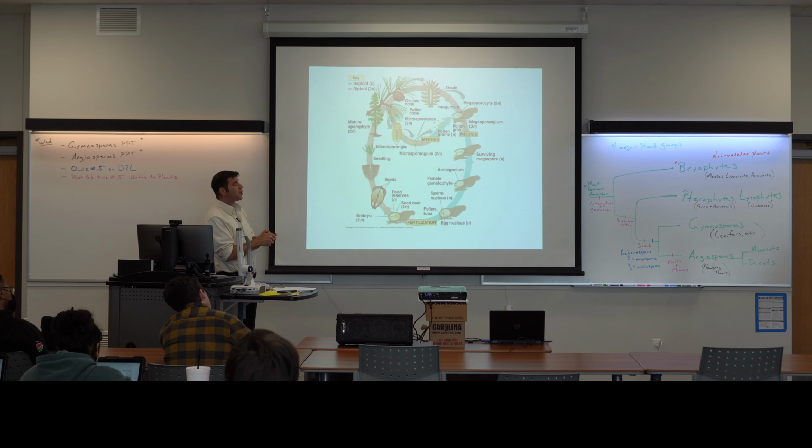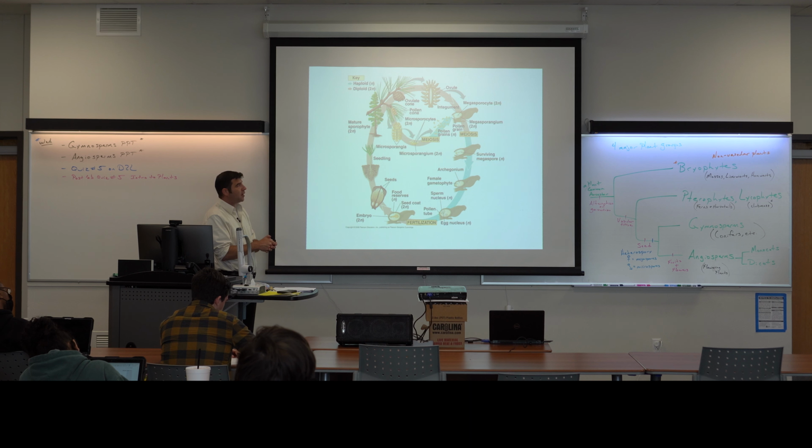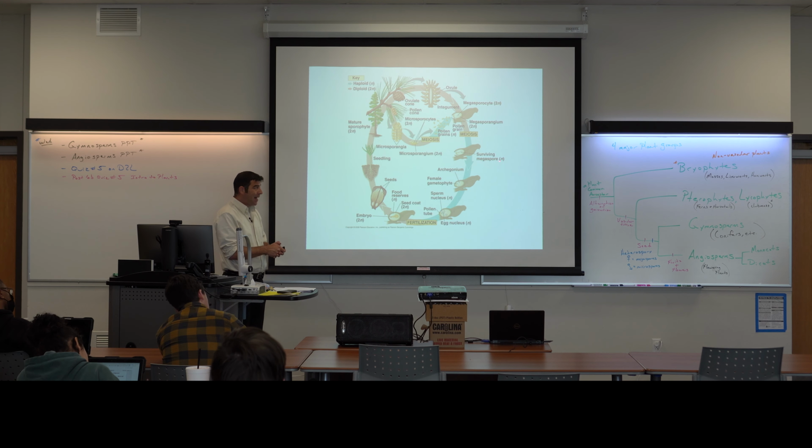So all of those cells that make up the female cone are diploid cells, and one of those diploid cells, called the ovule, at the base of that scale, is the diploid cell that undergoes meiosis. It becomes a haploid spore. We have to use the term megaspore because that describes the female spore that's produced. This megaspore, like any spore, is a single haploid cell made by meiosis. This megaspore is going to divide into a handful of haploid cells.